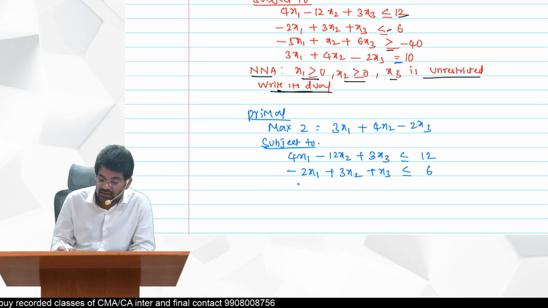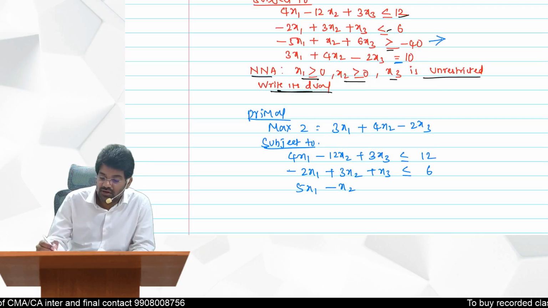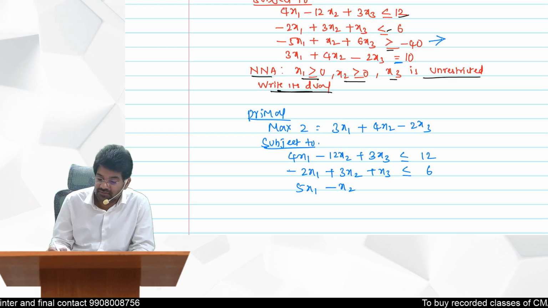Third one, 5x1 minus x2 minus 6x3, this we have to convert now by multiplying with minus 1, less than or equal to 40.